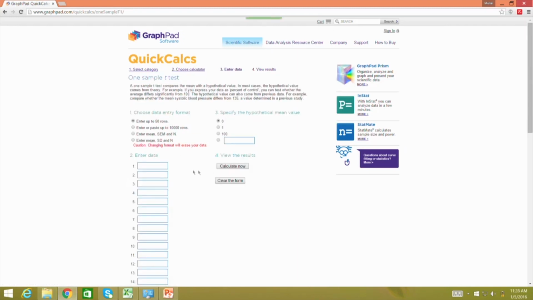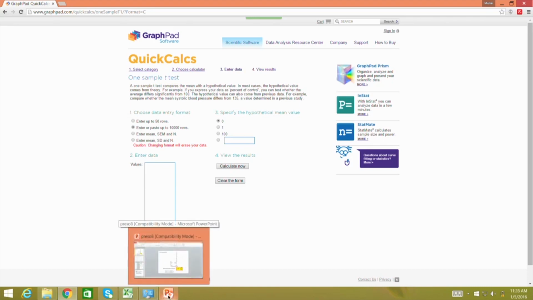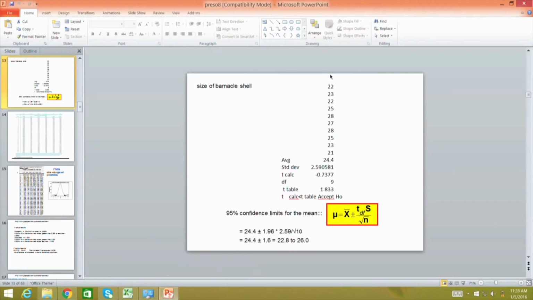We can even enter data like this, or we can copy and paste. So, we can enter the data like that also. I am comparing it with respect to 25. 25 is my population mean. Now, I want to know the sample which is equal to 22 and so on.